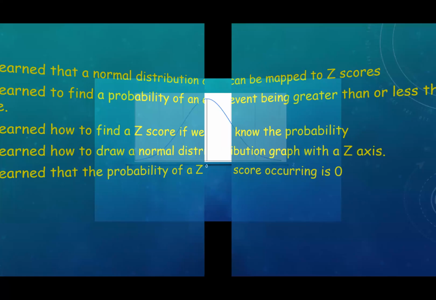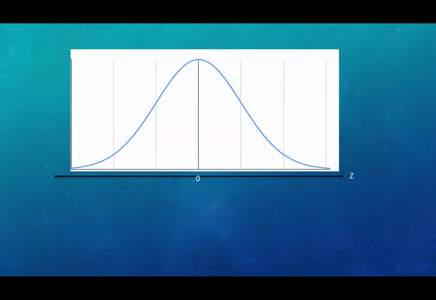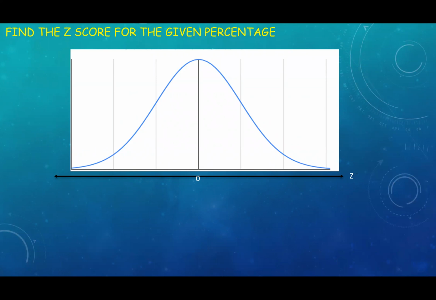And what we're going to do now is, so here's our normal distribution graph with our z-axis. And how could we find a z-score for a given percentage? All right, well, there's a given percentage. Let's suppose that percentage is 0.1587.